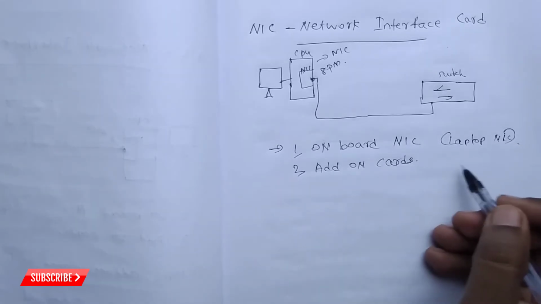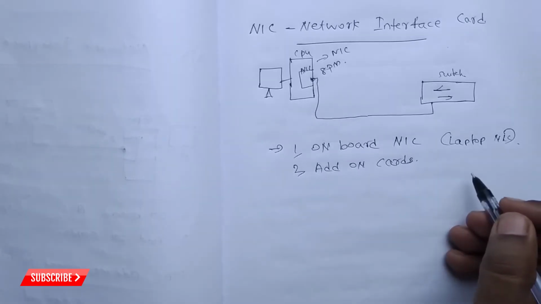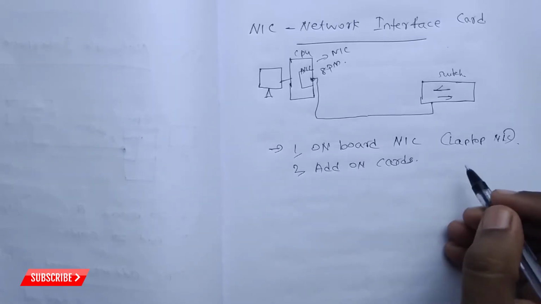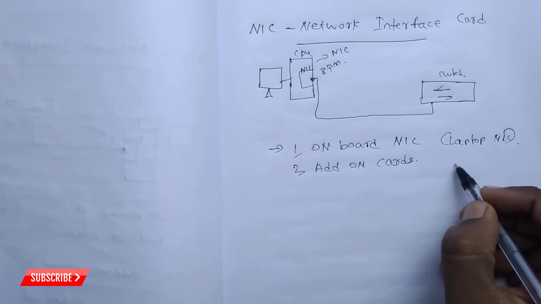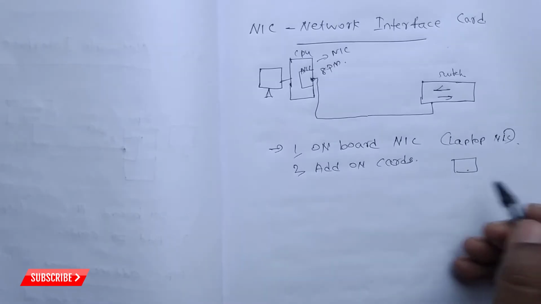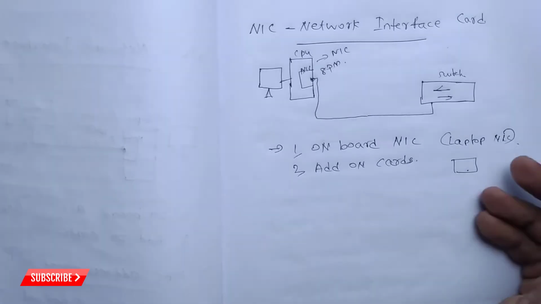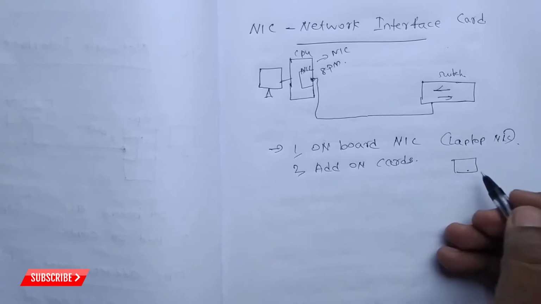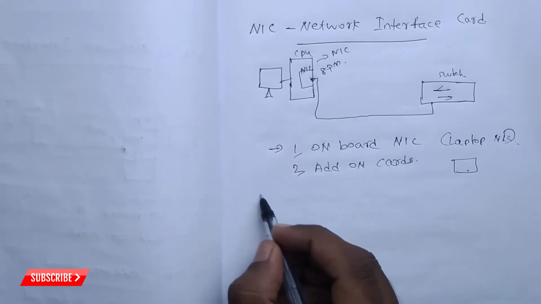The next one is add-on cards. These are NICs in the form of cards. If we need, we can plug them in or plug them out of your CPU.